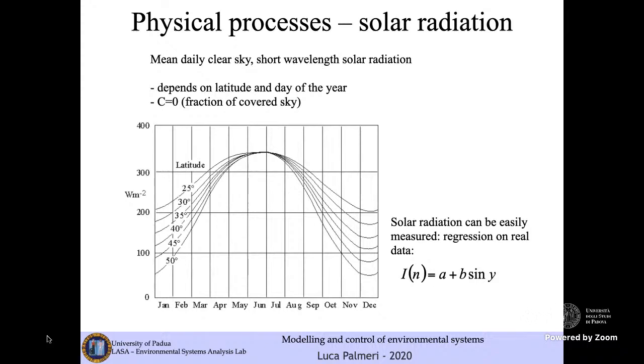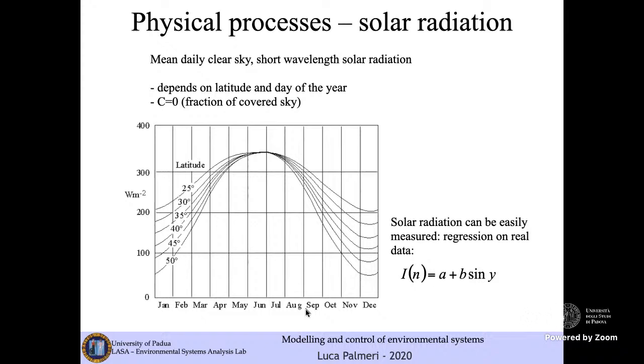Okay, if we make observations of solar radiation along the year, so from January to December, we discover that solar radiation, according to the different latitudes, going from 25, for example, that is tropical latitudes, down to 50, that is polar latitudes, near the northernmost latitudes, gives you this kind of curves.